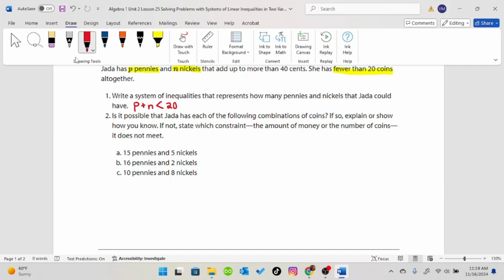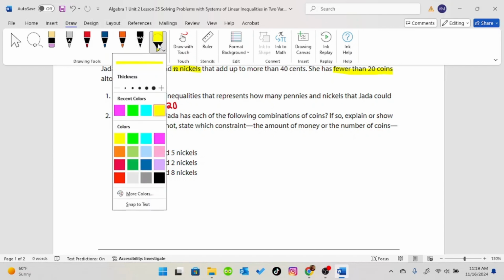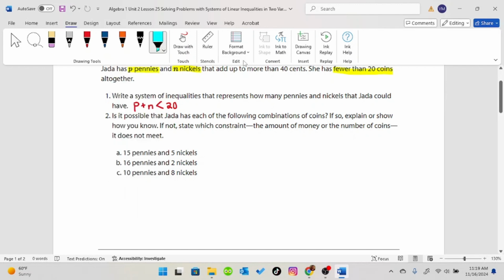Next, we can look at the money side. On the money side of this, we need to add up to more than 40 cents.